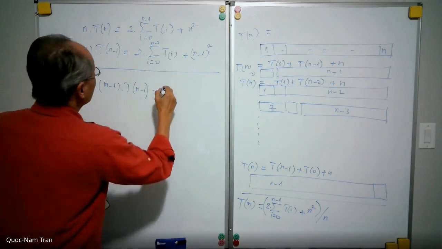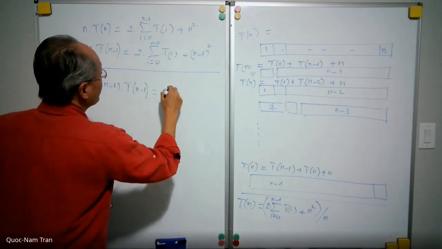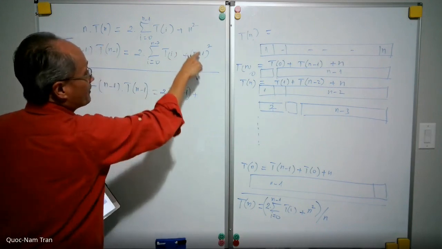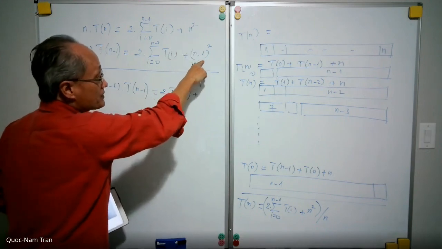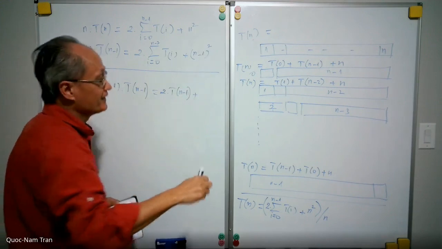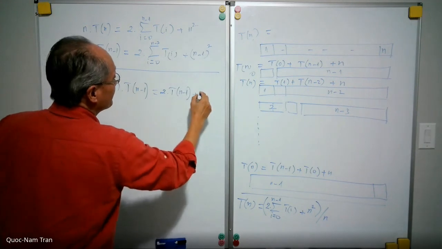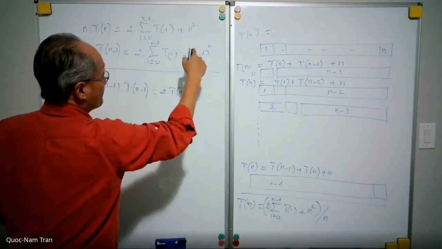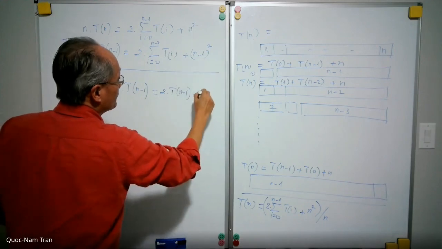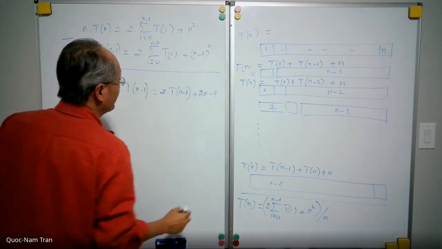So 2 times Tn minus 1, plus n squared minus n minus 1 squared. n minus 1 squared is n squared minus 2n plus 1, so n squared minus n squared plus 2n minus 1 gives 2n minus 1.